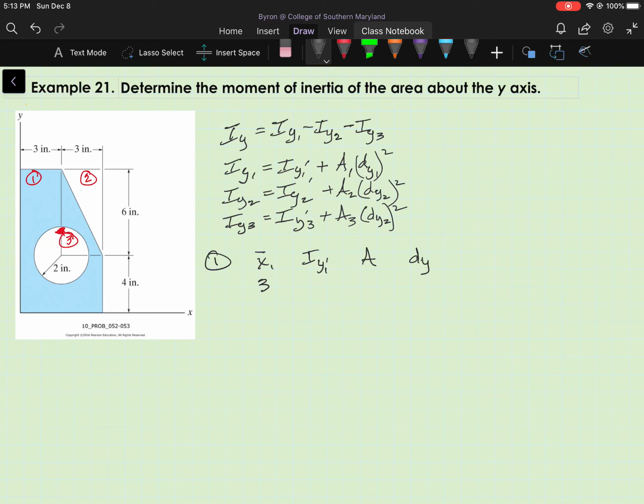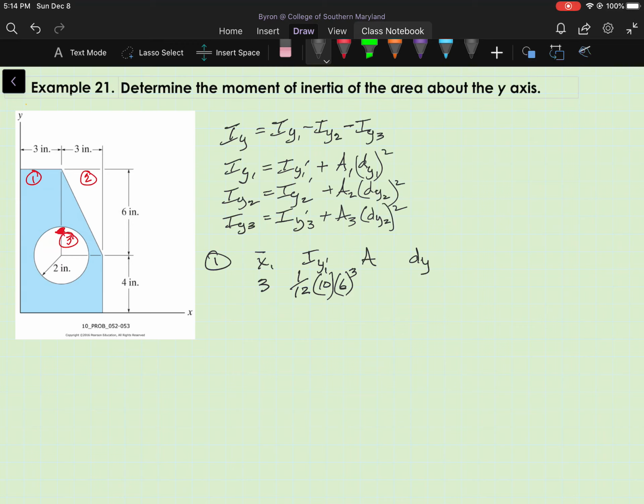The moment of inertia of the rectangle about a vertical axis, the y prime axis going through its centroid, I'm going to look that up in the back of the textbook or online, and that value is 1/12 times the height of the rectangle, which is 10, times the base of the rectangle cubed.